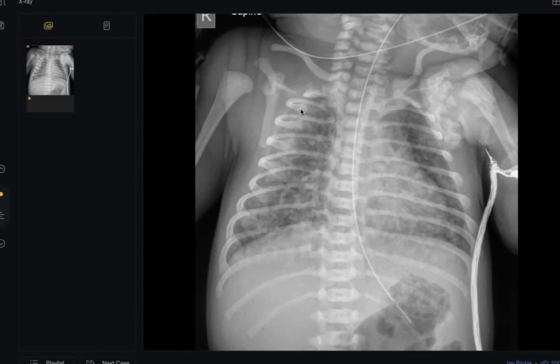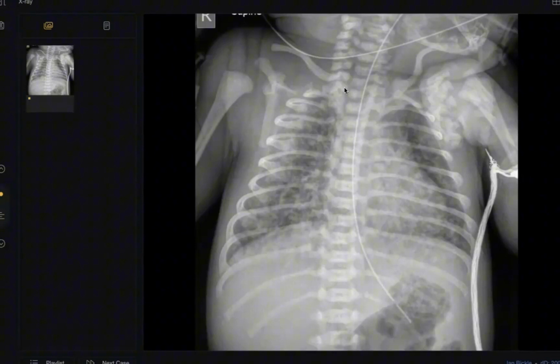Is the lung normal volume or hyperinflated? It could be slightly hyperinflated, as the ribs are horizontal. How do we count? This is the anterior segment, two, because one is here, 2, 3, 4, 5, 6, 7.